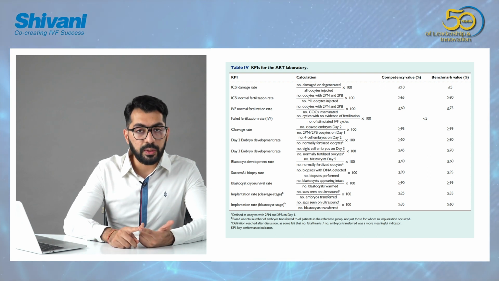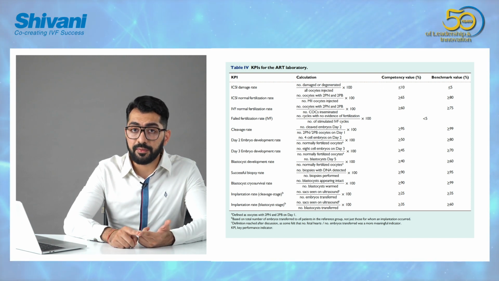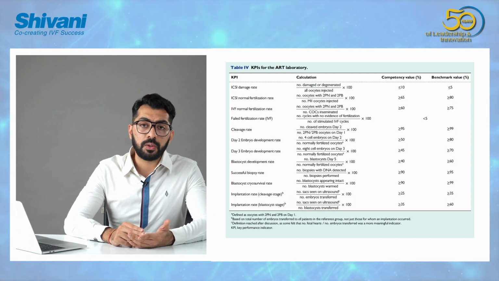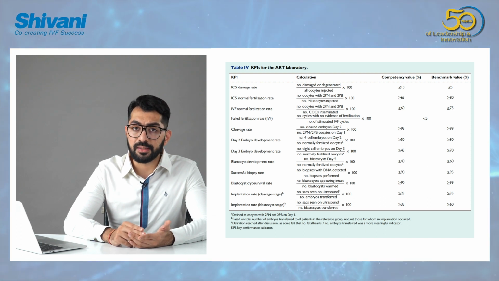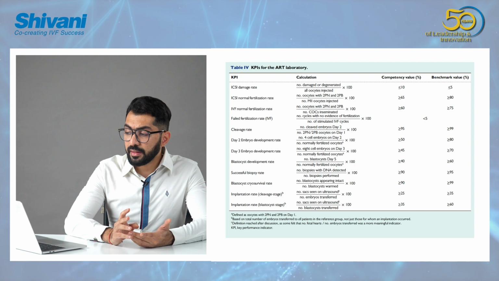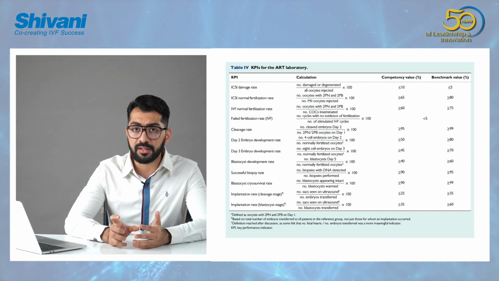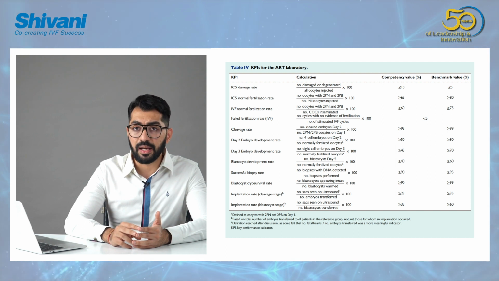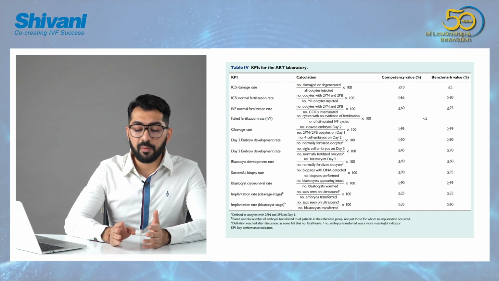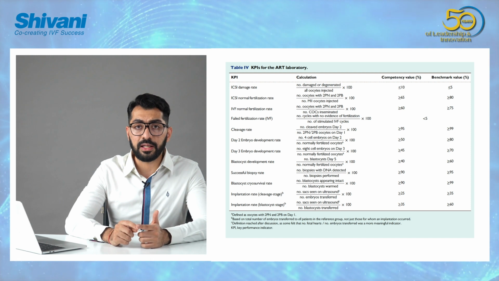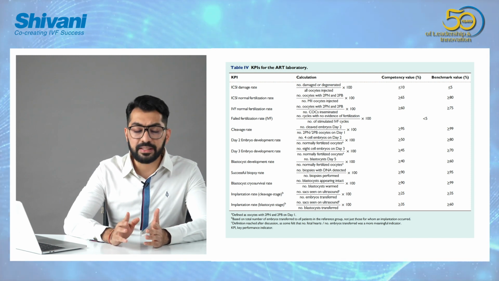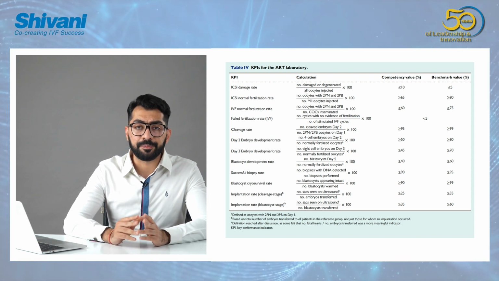So we would want to calculate the implantation rate for cleavage stage embryos, and also the implantation rate for blastocysts. Generally the competency value for implantation rate is 25% for cleavage stage and 35% for blastocysts. But the benchmark that we want to achieve is 35% for cleavage and about 60% for blastocysts.